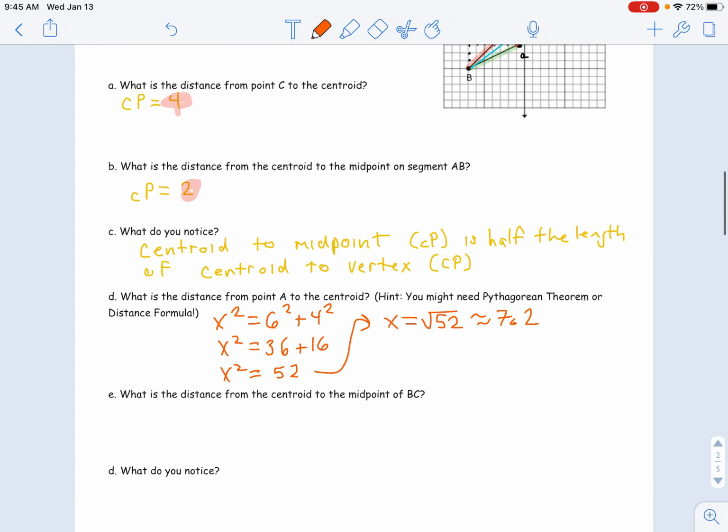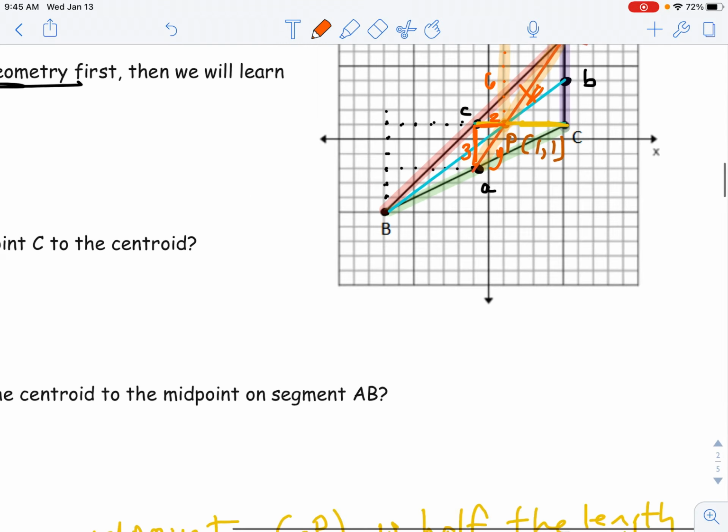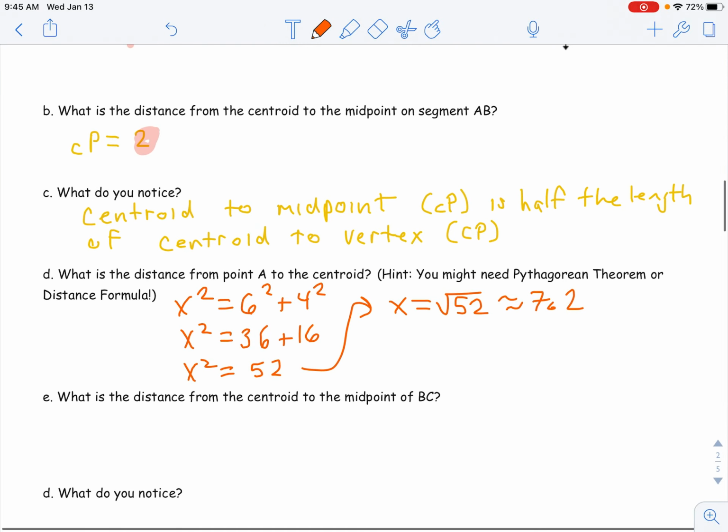And then we're gonna do from the centroid to midpoint BC. So again, now we're just gonna do this, which is about that, 3, 2. This time I'll call it y. We gotta call it something different, but just using Pythagorean theorem shortcut, we got y squared equals 3 squared plus 2 squared.